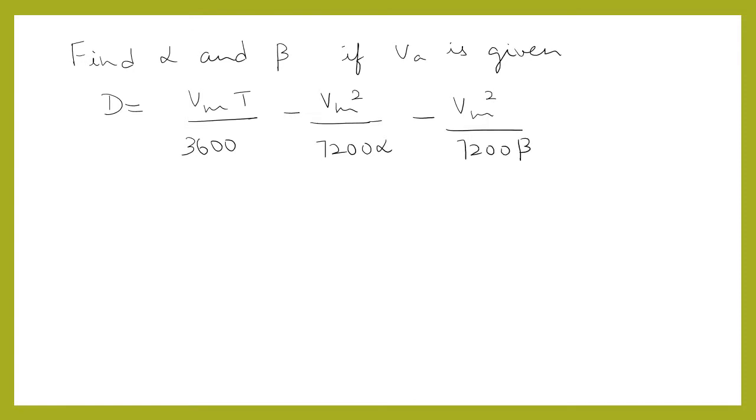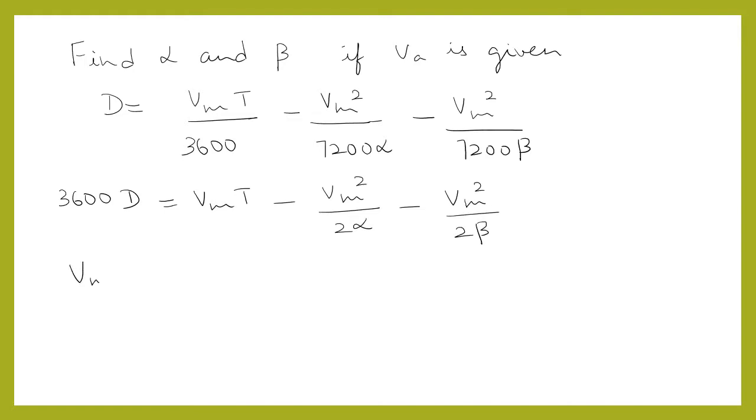So we have the equation written as 3600D equal to Vmt minus Vm square by 2 alpha minus Vm square by 2 beta.